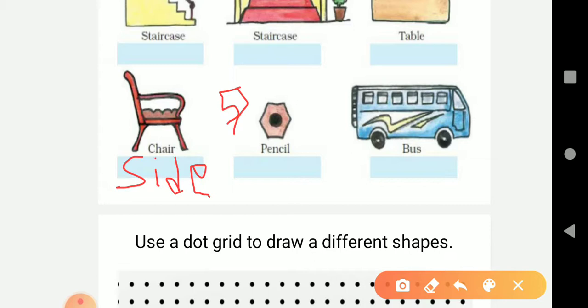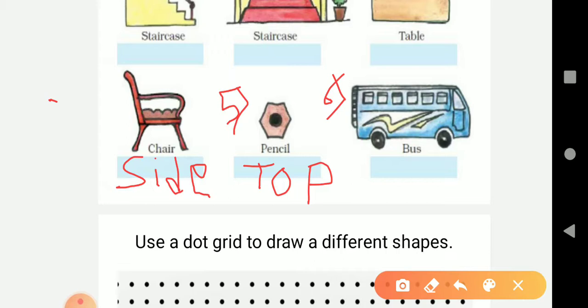Is it the top view, side view or front view of a pencil? Tell me. Yes, when we see the pencil from the top, it looks like this. So it is also the top view of a pencil. Number 6.